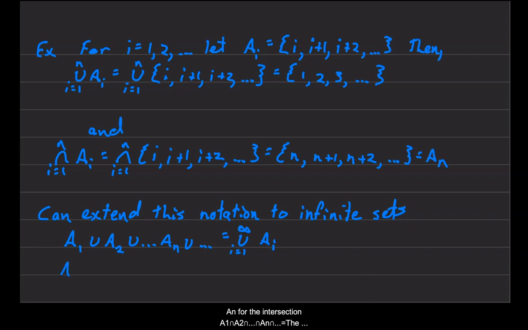And for the intersection, A1 intersect A2 intersect dot, dot, dot, An intersect dot, dot, dot, the intersection from i equals 1 to infinity on Ai.